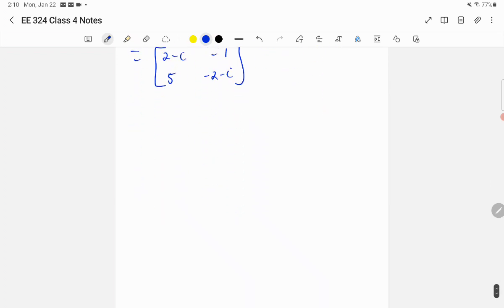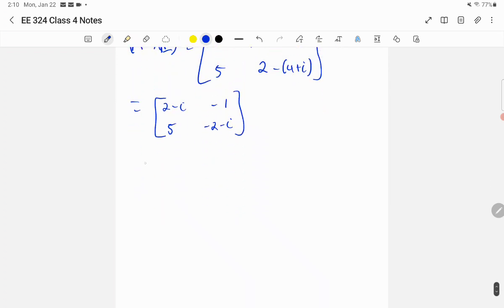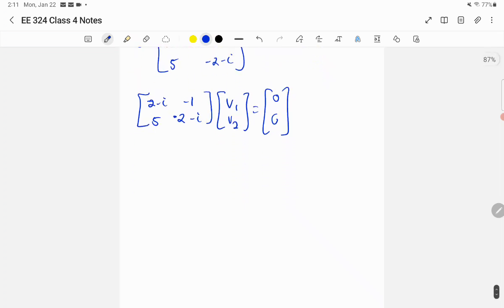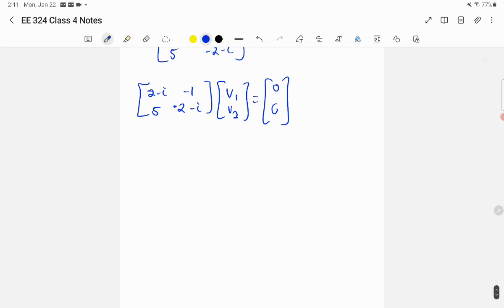And then we say, okay, so we have 2 minus i, minus 1, 5, minus 2 minus i, times v1, v2 is equal to 0, 0. And 2 minus i times v1 minus v2 is equal to 0.